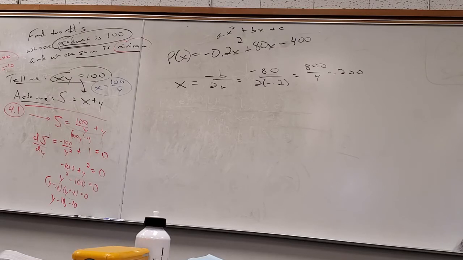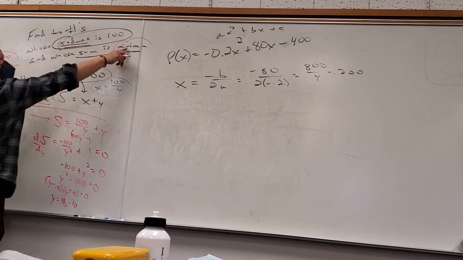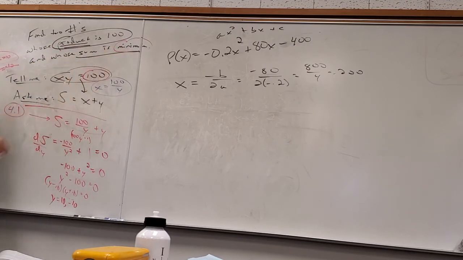Isn't that what we just got? So if I use only positive sides, isn't this the area of the rectangle? So what's the smallest amount of material I need to get this area? It would make a square. That should kind of make some sense.